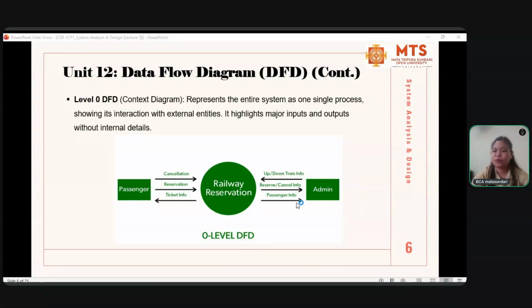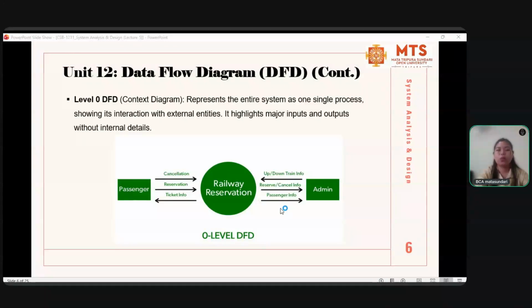So passenger info will be taken by the admin, and reserve or cancel info will be taken by the admin. Then the admin will process the information to the passenger through ticket info. This is how the process of railway reservation works. This is the data flow diagram, also known as the context diagram, an overview with external entities.